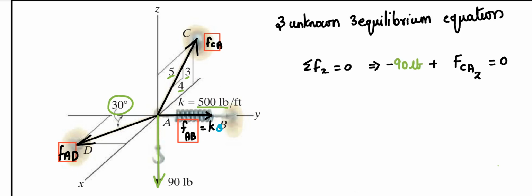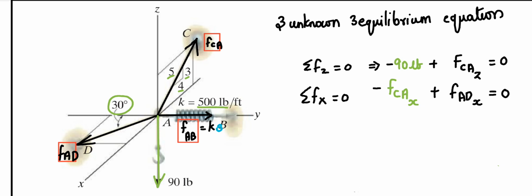First I am solving the summation of Fz equal to 0, which gives me, you can see the 90 Newton which is completely known, provides me with the value of FCA. The magnitude of FCA can be found. With that FCA I substitute the FCA x-component in the summation of Fx equal to 0. With this I can solve for the value of FAD along the x direction.